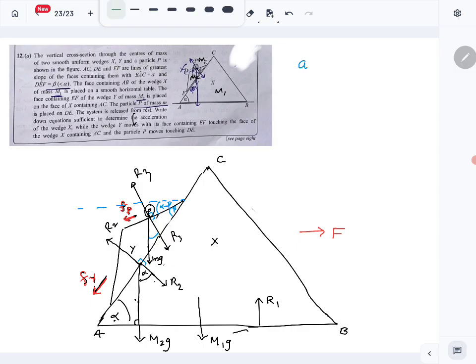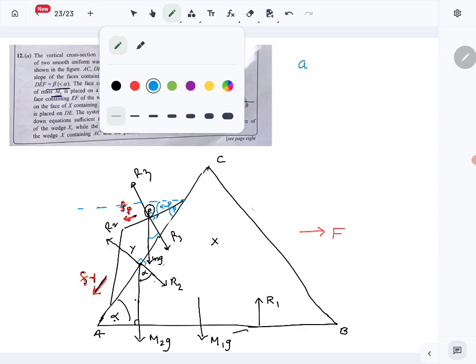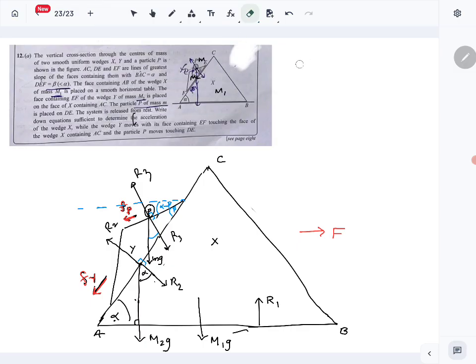Acceleration of wedge x relative to earth, we know that is F, capital F, that we need to find. So a x e is capital F. Then what else?